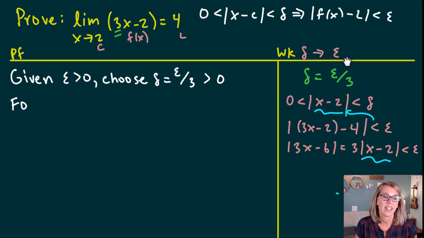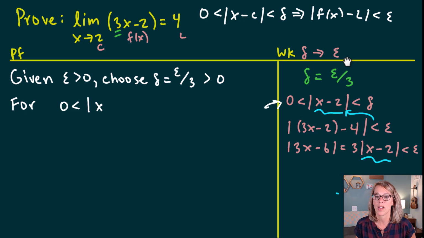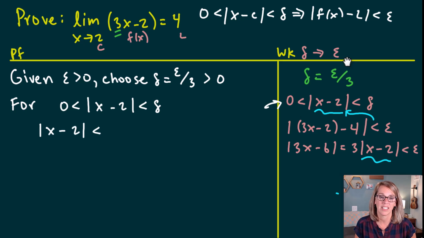Now for our conditional statement. We've got our delta statement, 0 less than |x minus c|. Well, I'm working with this statement right here now, so that's |x minus 2| is less than delta. We've already established that delta is epsilon divided by 3. So we can rewrite this as |x minus 2| is less than epsilon thirds.